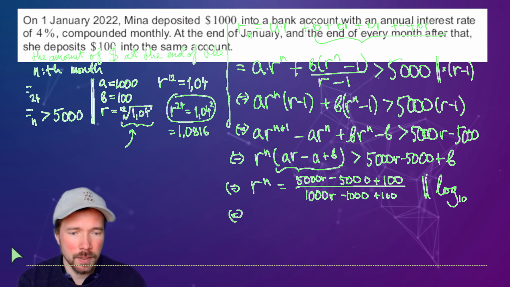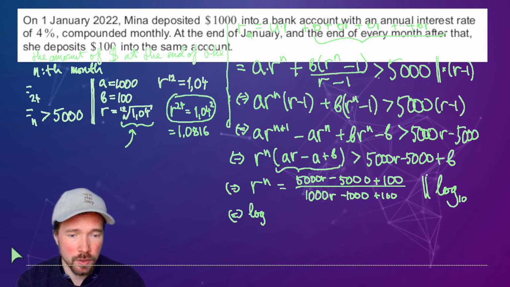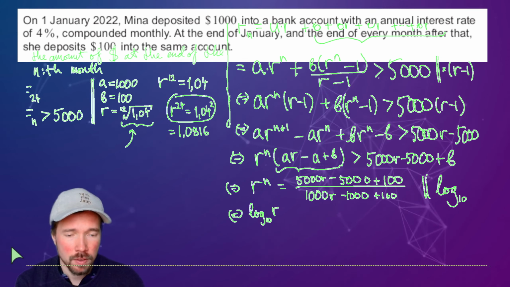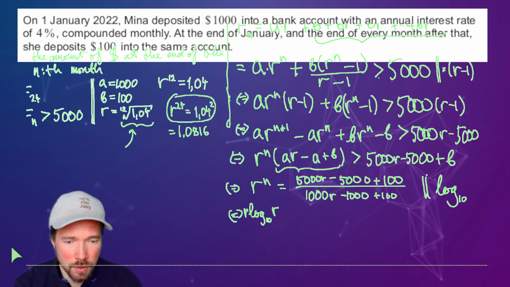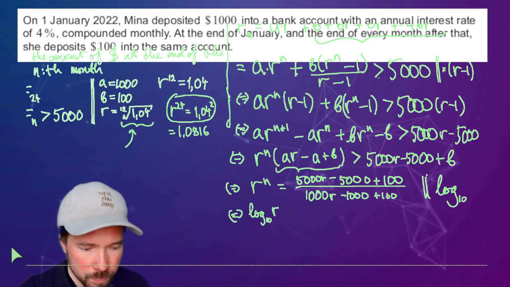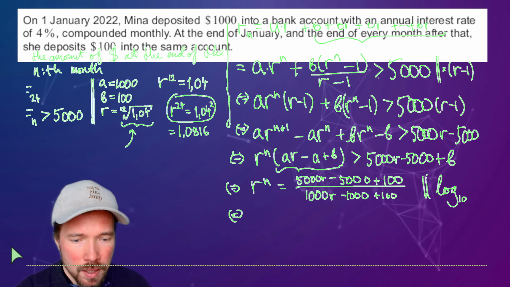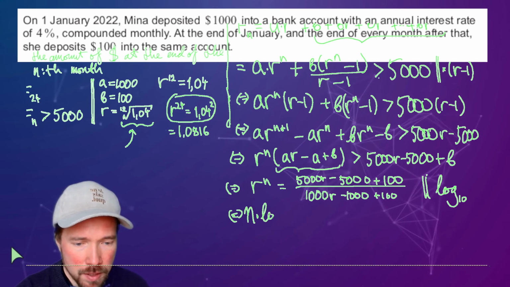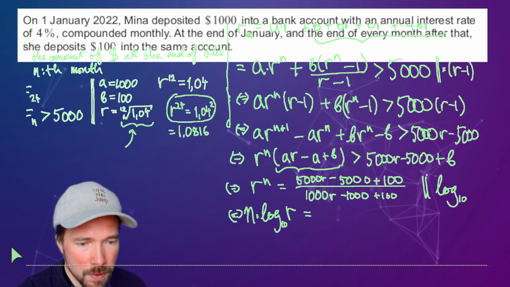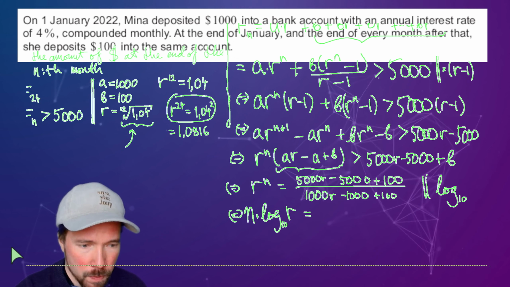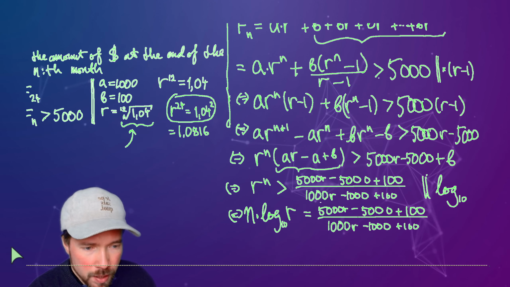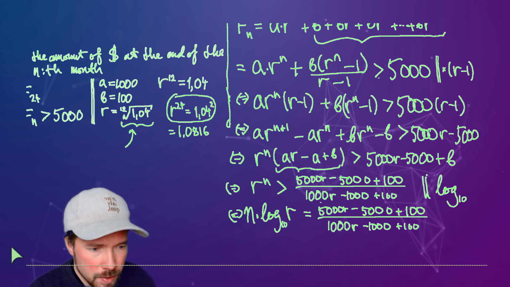So we'll have the logarithm of r, and then the exponent comes here and becomes a multiplier. We'll get n times the logarithm of r equals this thing. Let me copy it. Like so. And let's not forget to take the logarithm of the left-hand side as well.